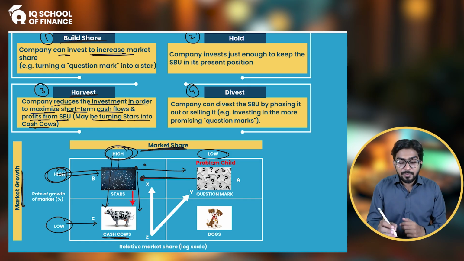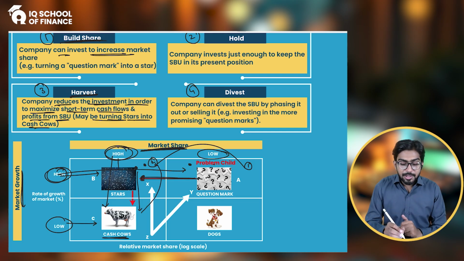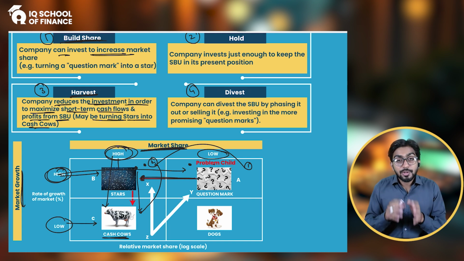First it was a problem child, you develop and improve this product and it becomes a star product. And obviously at some point of time everything comes down, and it will become the cash cow. And this is how the cycle moves on.